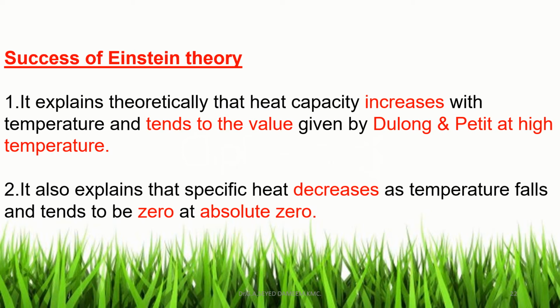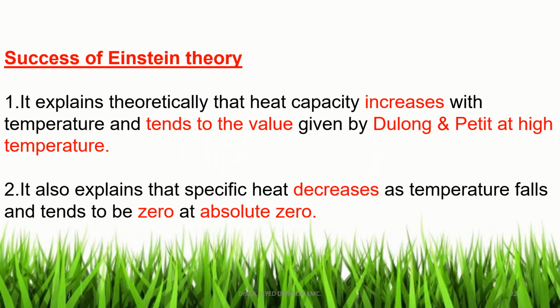So at high room temperature, the value given by this equation is around 3R, and the heat capacity decreases as temperature decreases, and the value of 0 is attained at absolute zero temperature. These are the successes of Einstein theory.